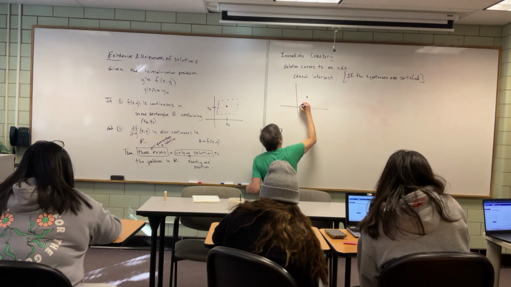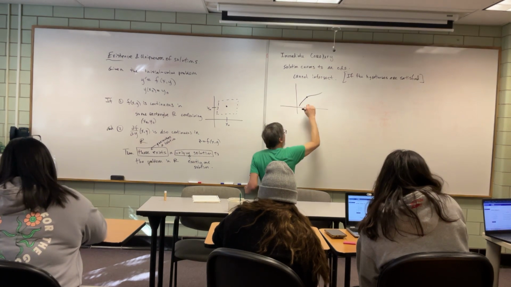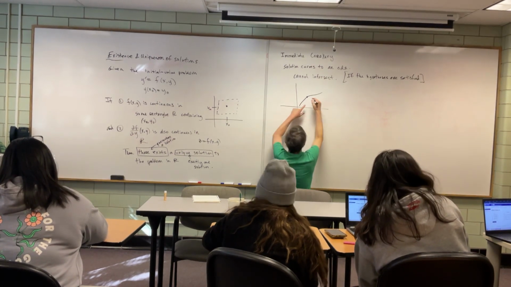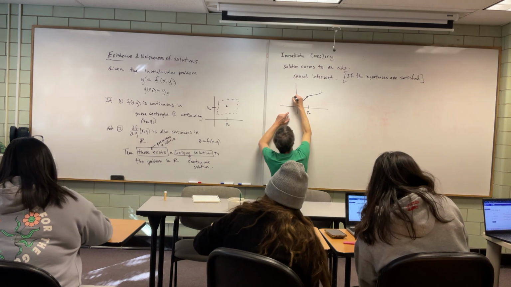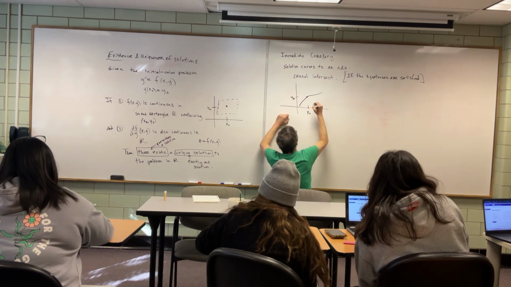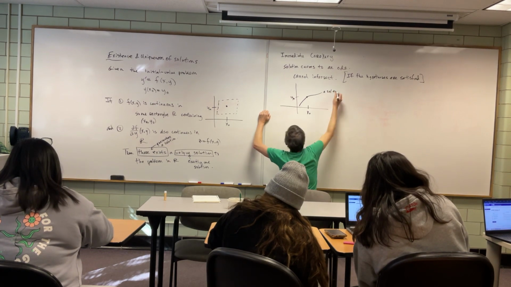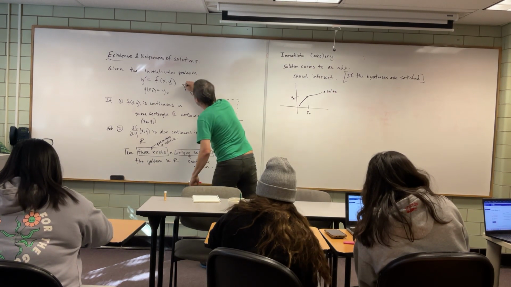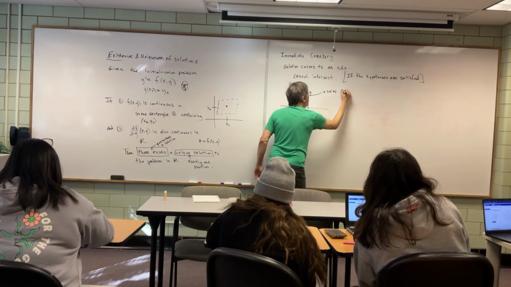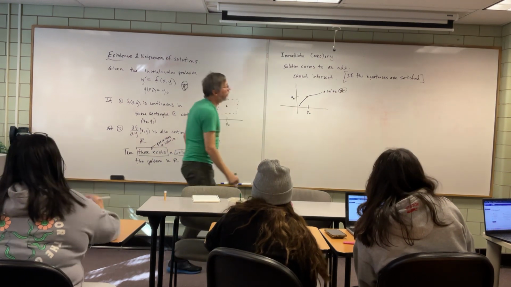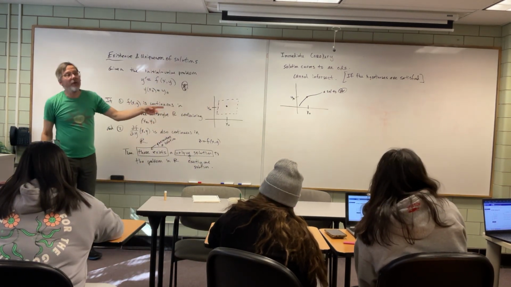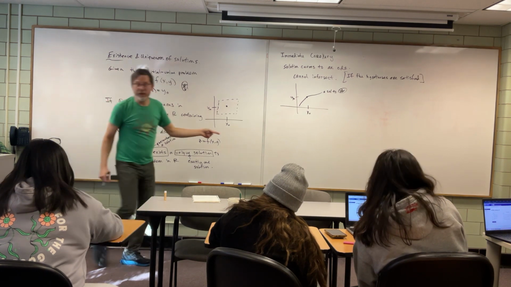Let's say I've got this solution curve headed through this point x naught, y naught, and this is a solution to this. Any other solution can't intersect that thing.